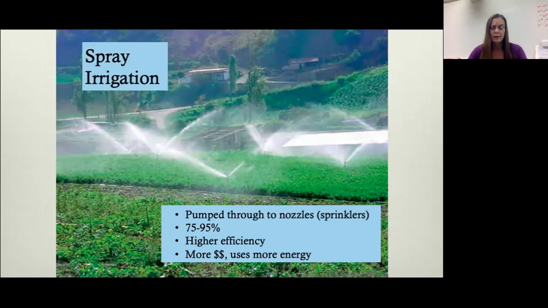Either way, with spray irrigation, water is pumped through a series of pipes or hoses to nozzles. Those are sprinklers. And this one is significantly more efficient, depending on the form, 75 to 95% efficient. So much higher efficiency, but that higher efficiency comes at a cost. It does use more money, and it also uses more energy.